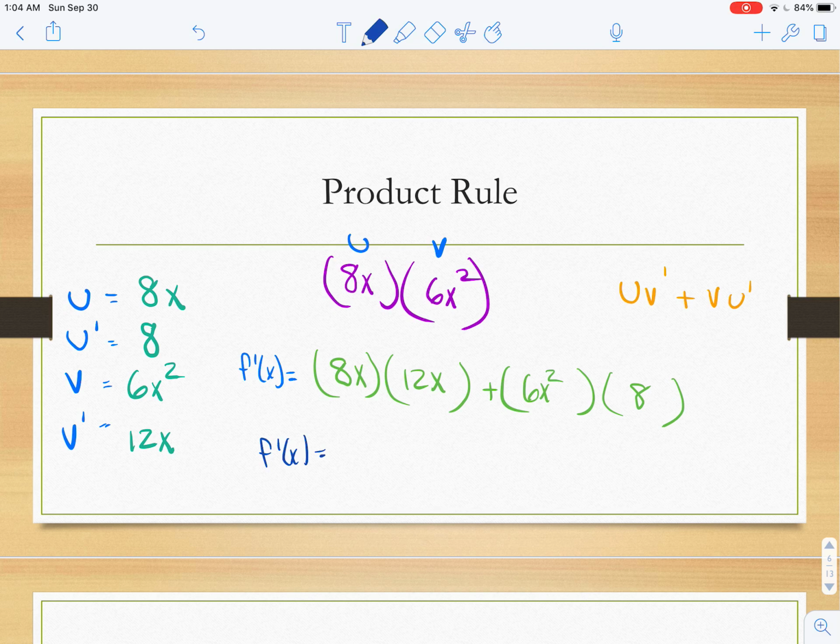4x squared plus 7 times 2 is 14, and then the x, over. All right, so we have y prime equals, let's see, 2 minus 4 is going to be negative 2 x squared. Let's actually put this in a different color. y prime equals negative 2x squared by subtracting the 2 and the 4.